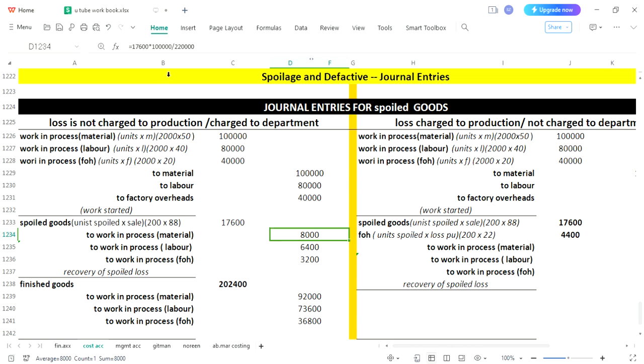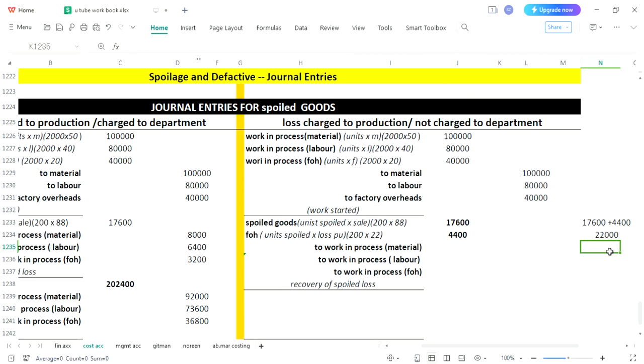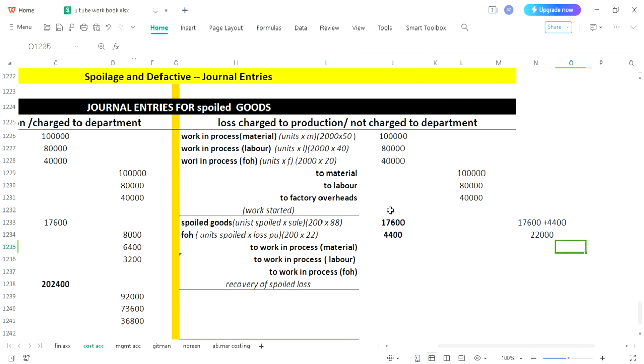17,600, and then you have multiplied individual amount 1 lakh, and the sum of these three amounts was 220,000. In this way you have calculated 8,000. Similarly, the sum of these two amounts present on debit side is 22,000.